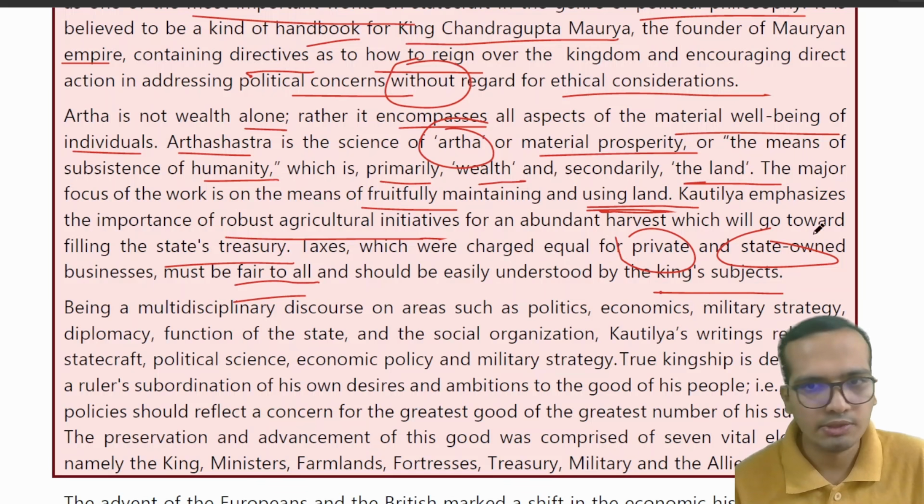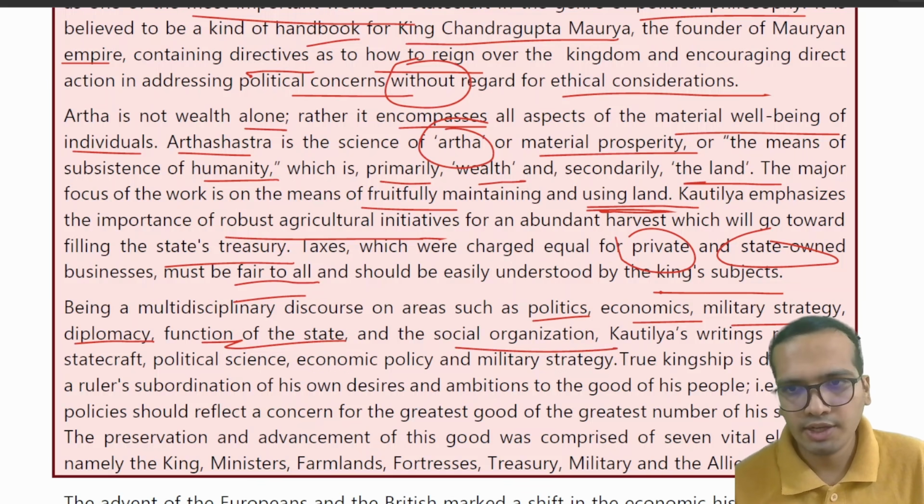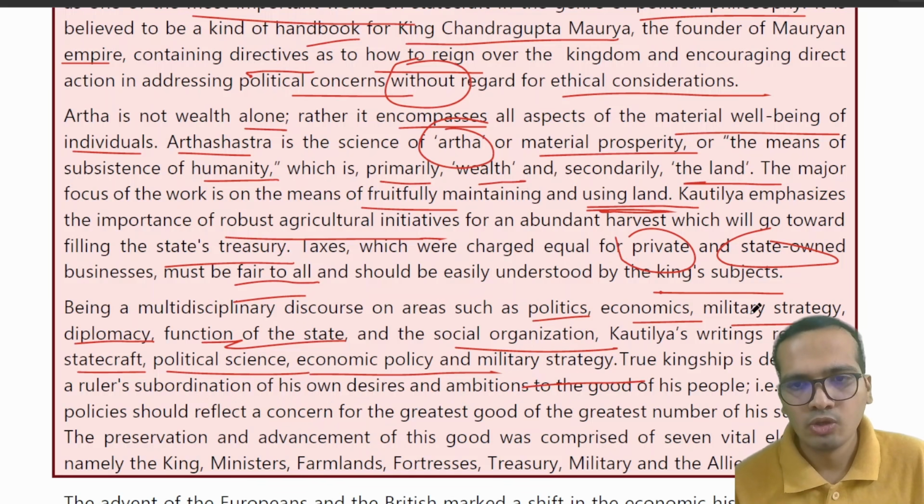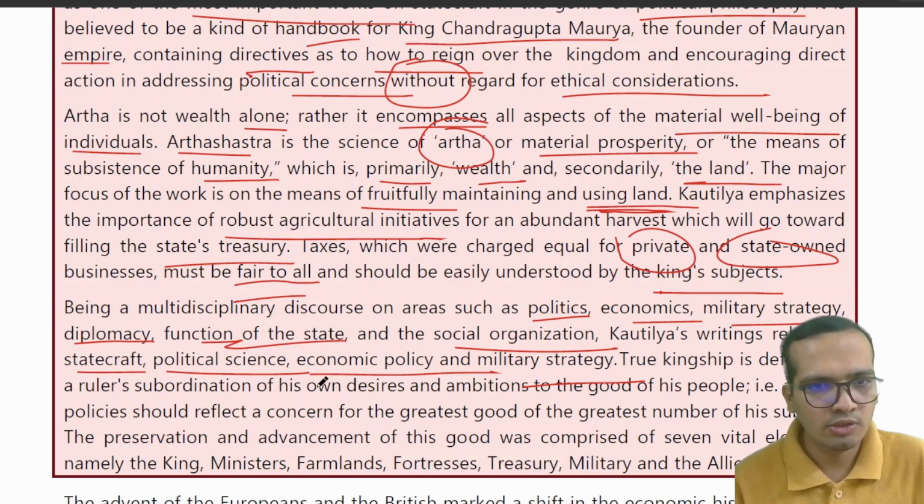Being a multidisciplinary discourse on areas such as politics, economics, military strategy, diplomacy, functions of the state, and social organization, Kautilya's writing relates to statecraft, political science, economic policy, and military strategy. True kingship is defined as a ruler's subordination of his own desires and ambition for the good of his people.